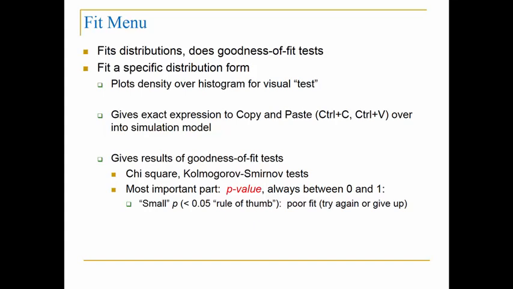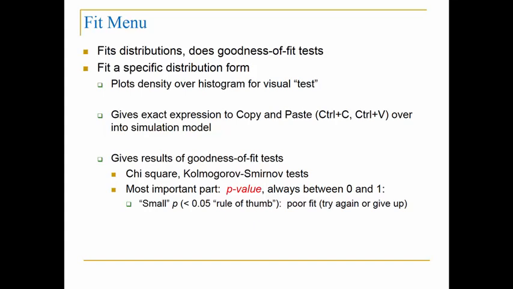So this second point here gives results on goodness of fit test. The most important part is the p-value, and it is always between 0 and 1, and a small p-value means that it's less than 0.05, and that means that you have a poor fit. So my recommendation at that point is to try it again, get more data in order for you to see if your fit can improve.